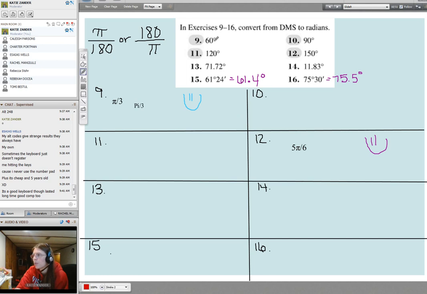So for these, because we are working with degrees, we want to use this ratio, right? The degrees is going to be on the bottom. So we're multiplying by that pi over 180 and reducing when possible.